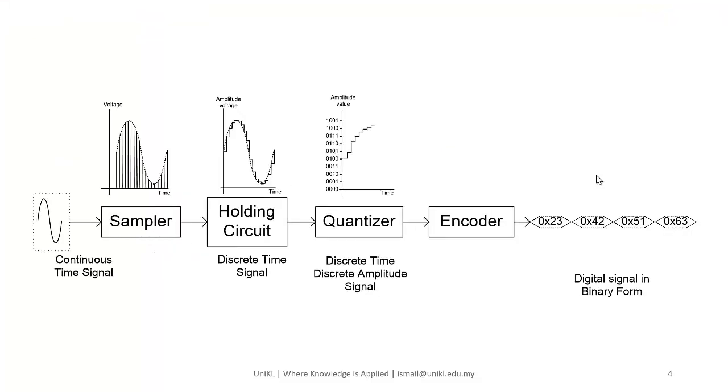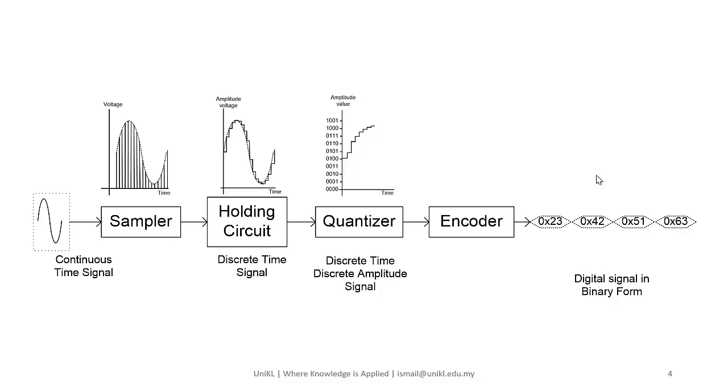But before that, let's see how the continuous signal, a continuous time signal as we call it, meaning the voltage is continuous and the time is also continuous, is fed to the sampler. The sampler is just a switch that samples the signal at a fixed interval.